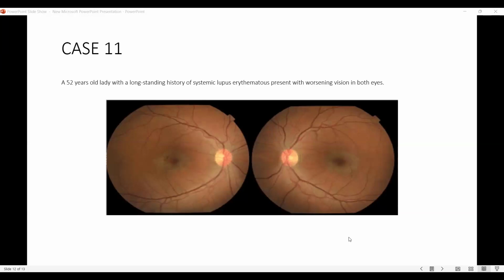Yeah, no, unfortunately there is no chance of reversal of vision, because it causes irreversible vision loss, especially with hydroxychloroquine. So if the patient has systemic lupus erythematosus, most likely she is taking hydroxychloroquine for a long time, and that causes permanent damage to the retinal layers.